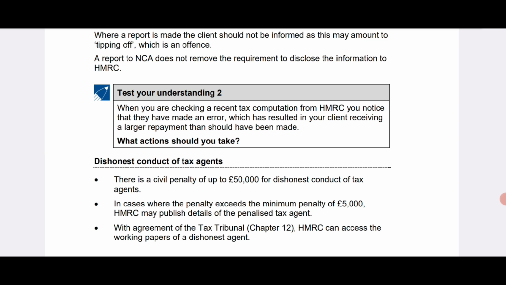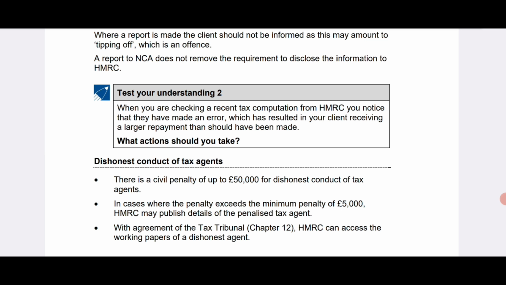So is it part of money laundering, or what action should you take? What action should you take? This is a simple thing. So what do you think? Is it a money laundering matter, or something else? It is some mistake or error.